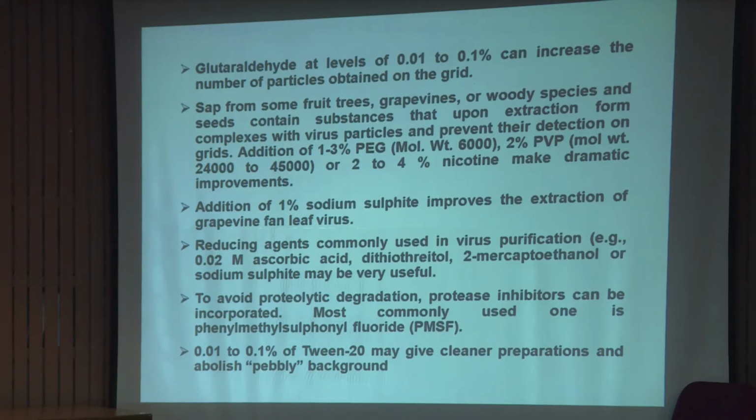And sometimes sodium sulphite also improves the extraction of grapevine fanleaf virus. And reducing agents commonly used for virus purification, like 2 molar ascorbic acid and 2-mercaptoethanol, are also used for better results. And some plant samples have proteolytic degradation, protease inhibitors.